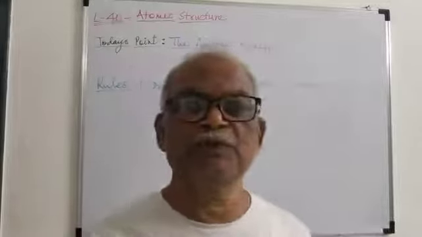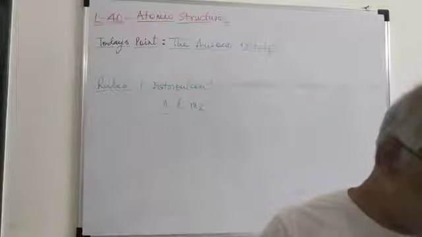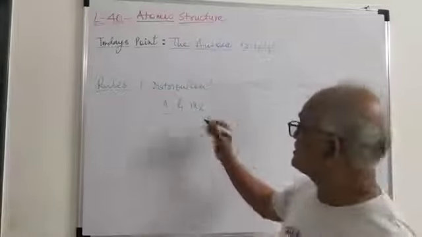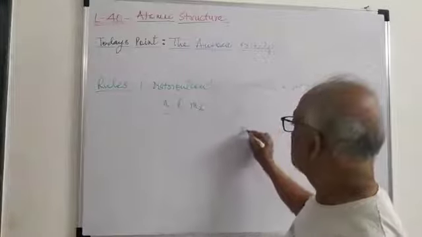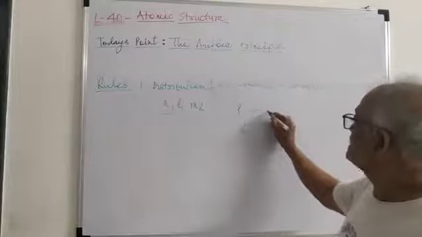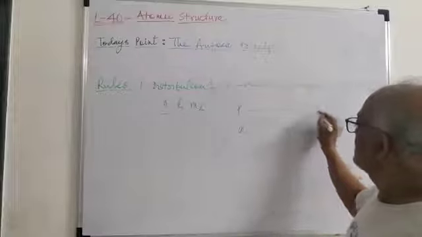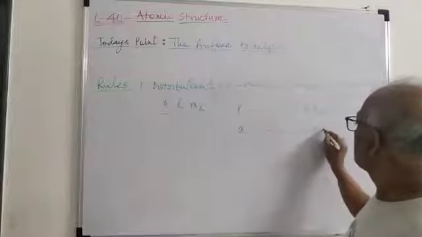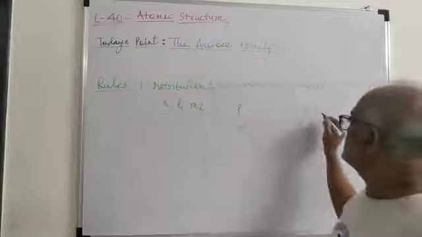ms indicates only the spin quantum number. So there are a variety of atomic orbitals such as p and d. Here p has 3 atomic orbitals, and d has 5 atomic orbitals.